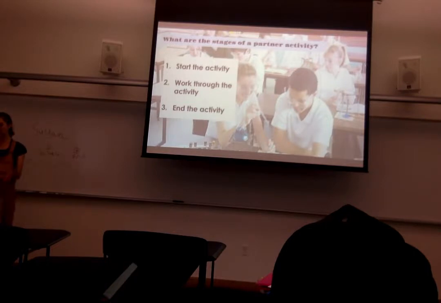And someone else, but I'll read 3, end the activity. Okay. So each partner activity has 3 stages. First, starting the activity, next, working through the activity, and then ending the activity.